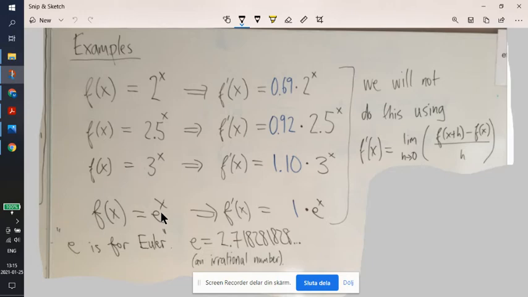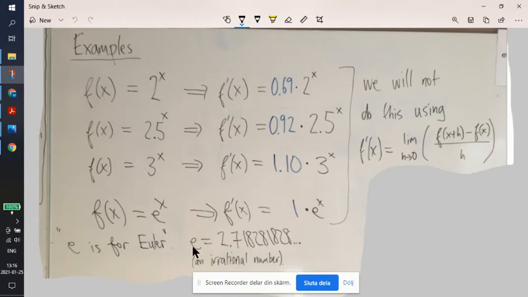Okay, and this is useful in science. It comes up quite a lot, where we want the function for the rate of change to be equal to the original function for the value itself. So when we have the value of a for which that is true, we call that number e.